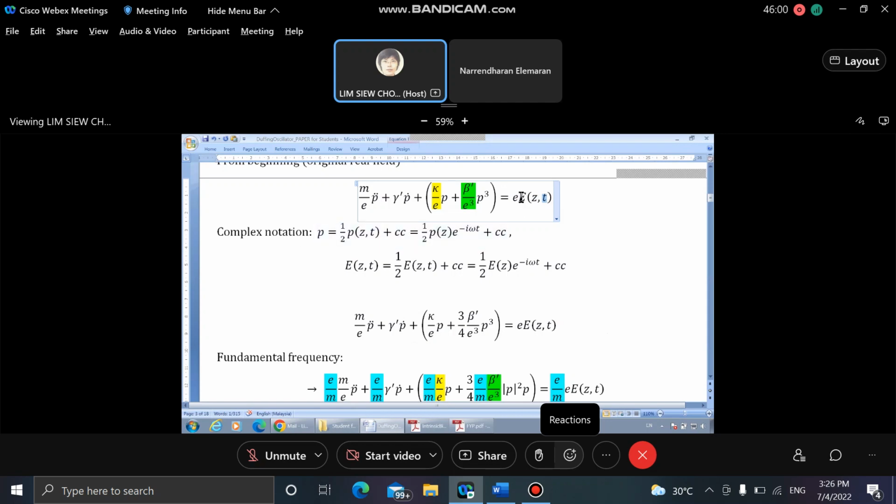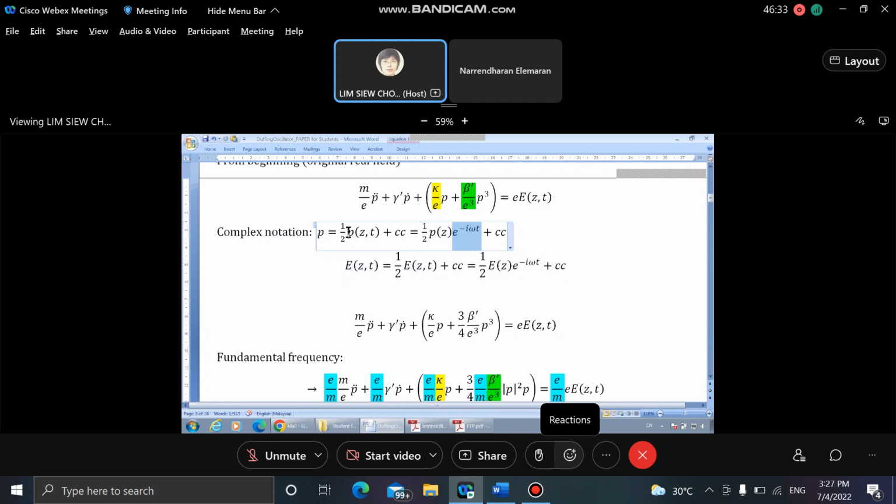So you can think of the field E and the field P as separable. This term depends on two variables, Z and T. You can write it as a function of Z multiplied by a function of T. So if we do this, it becomes half Pz multiplied by the exponent of minus i omega t.